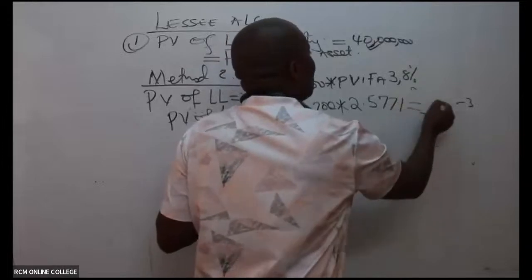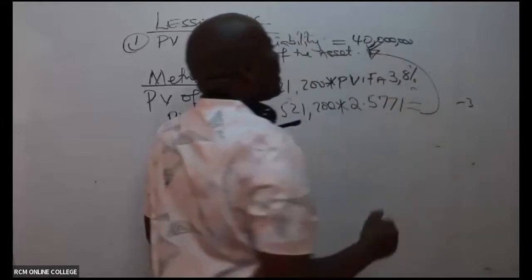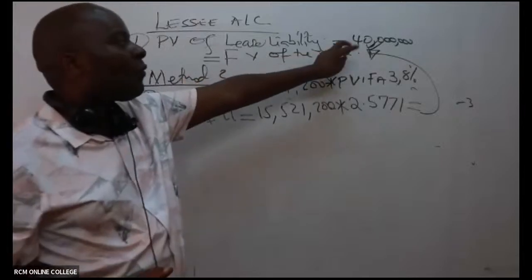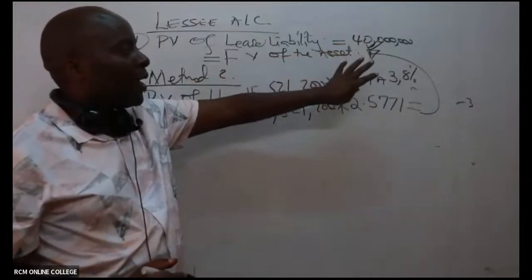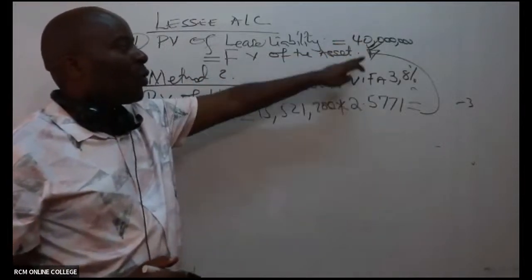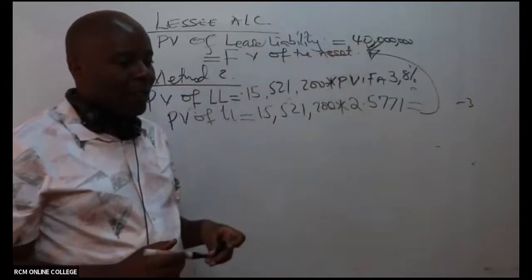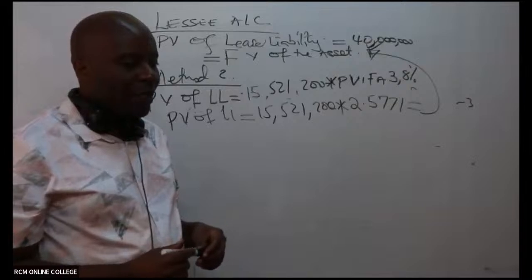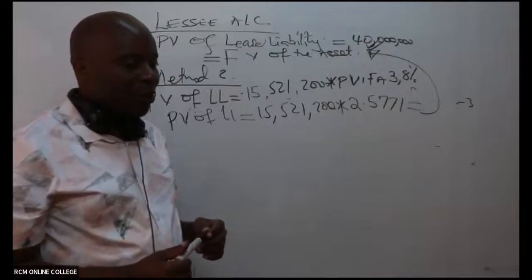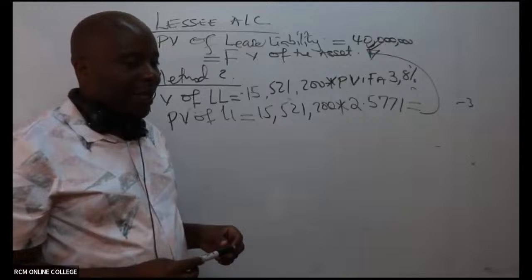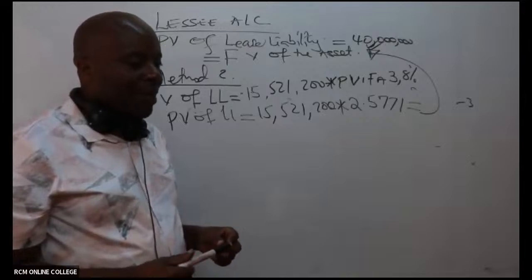If we are correct, we should be able to get an answer that is identical to this, save for a few rounding off errors. Yeah, 39 million, and so on.